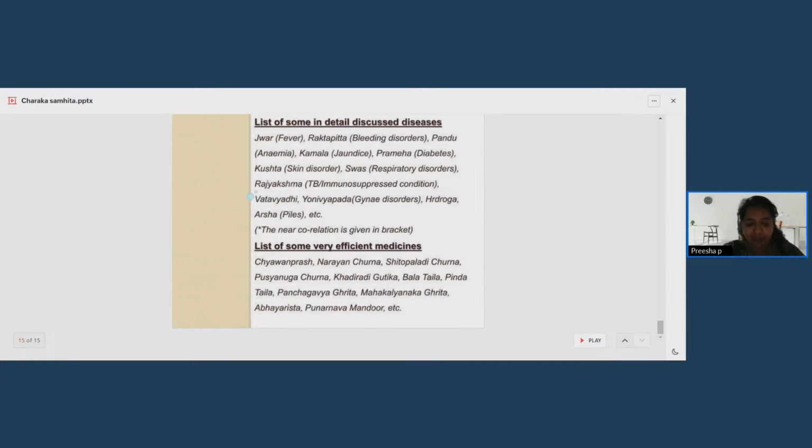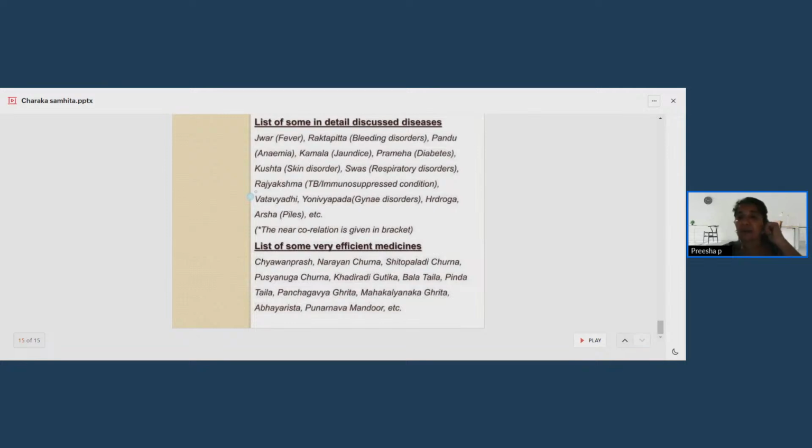Okay. We know the Goduma. So the Goduma is Madhura and Guru in quality. Of course, the thing which is Madhura and Guru is Vatahara.